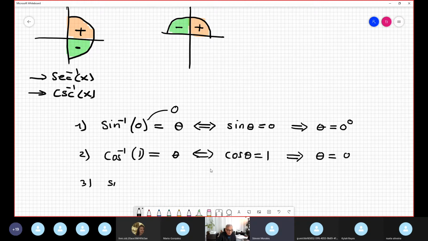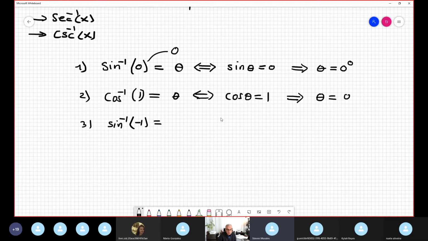Okay. Now, one more example. Sine inverse of negative 1. We are working with the new function that we studied today, que es the inverse trigonometric function, sine inverse. It equals an angle, theta. So you rearrange this using the non-inverse function, sine theta equals negative 1.